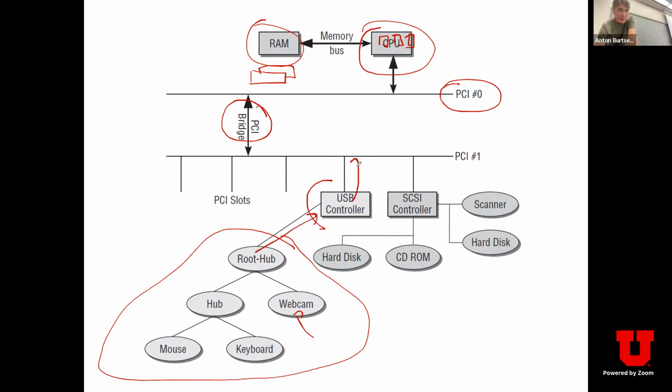The USB controller itself will be connected to a PCI bus, right? So when a device driver for some USB webcam communicates to the device connected to the USB bus, the packets sent from the device traverse this hierarchy of buses and eventually reach the device, right?